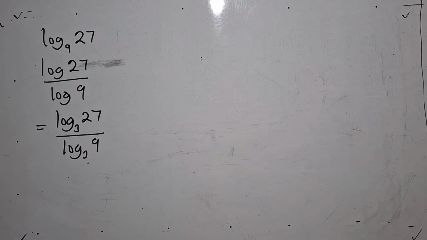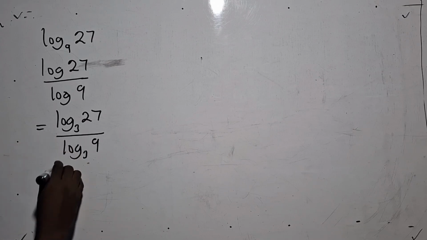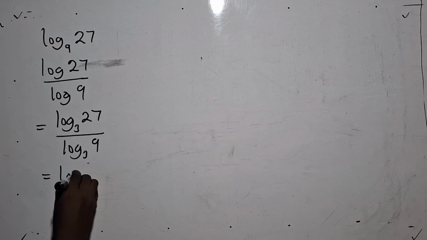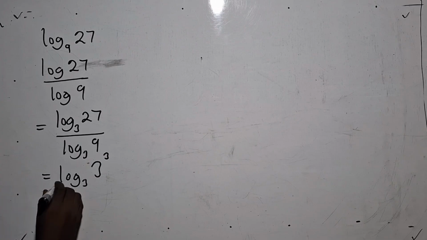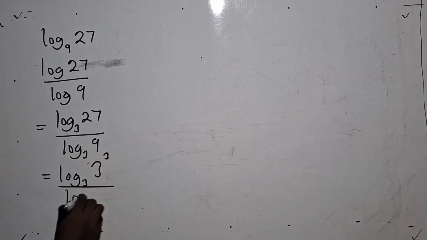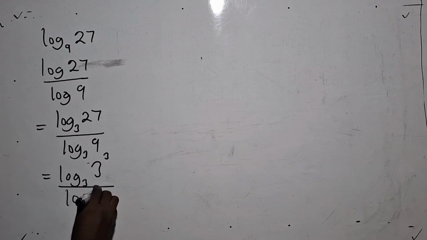The base has changed. Now 27 is 3 raised to the power 3, all over log base 3 of 9, which is 3 raised to the power 2.